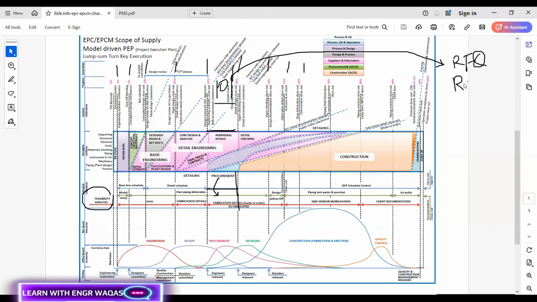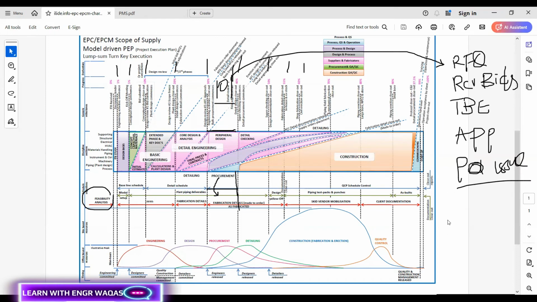Your suppliers are going to submit bids with their specs and cost. Then you do the TBE, technical bid evaluation, then approval, then issue the purchase order to one of the suppliers. This is part of ordering, then manufacturing, then delivery.